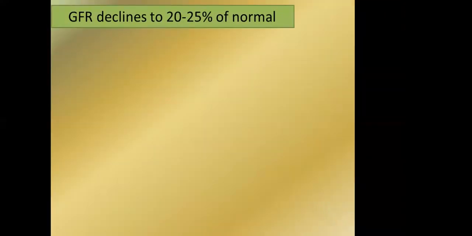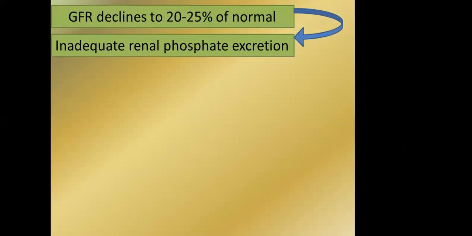Okay. If the condition is not corrected and the glomerular filtration rate declines to 20 to 25% of normal, this results in inadequate renal phosphate excretion, because phosphate is excreted by the kidney, and now most, about 75%, of the renal mass will be damaged.